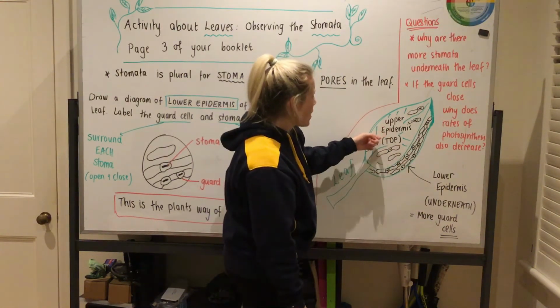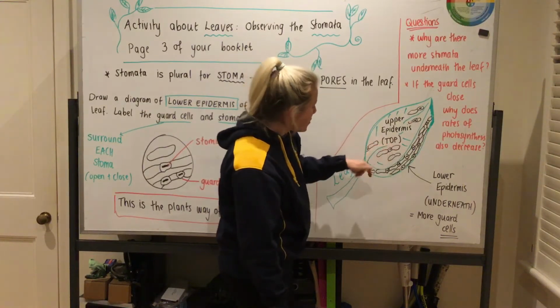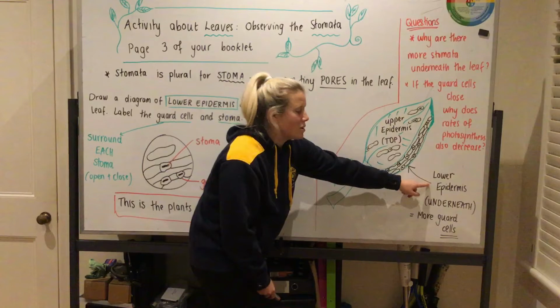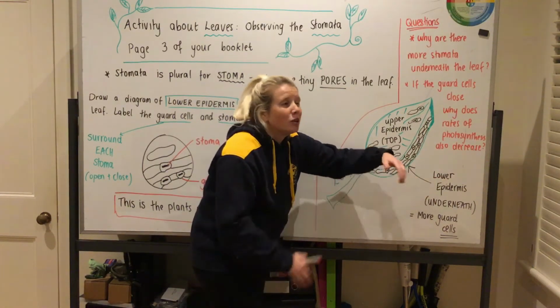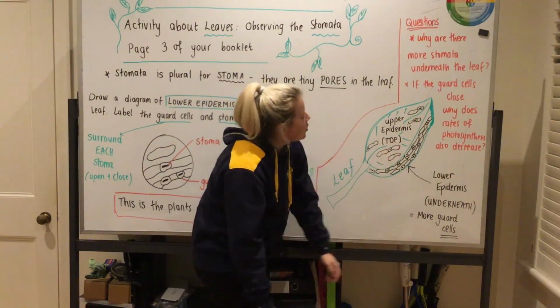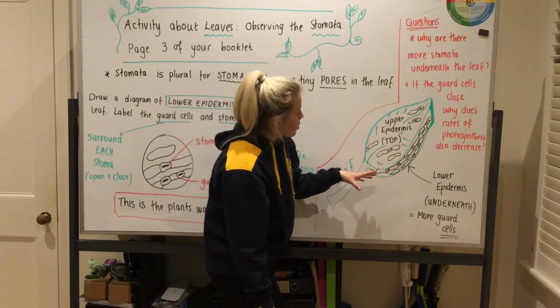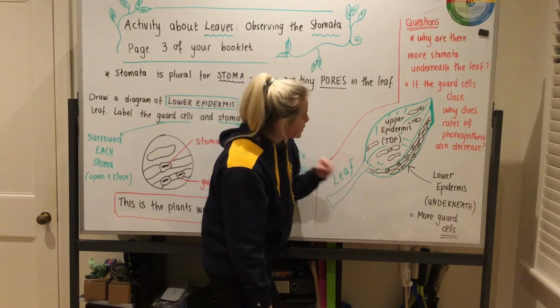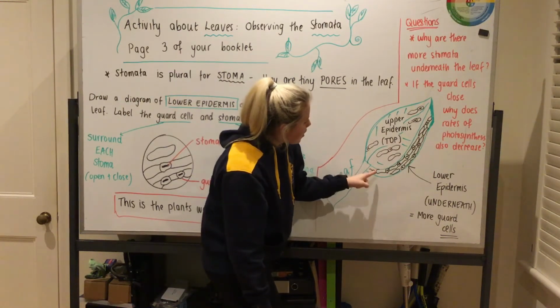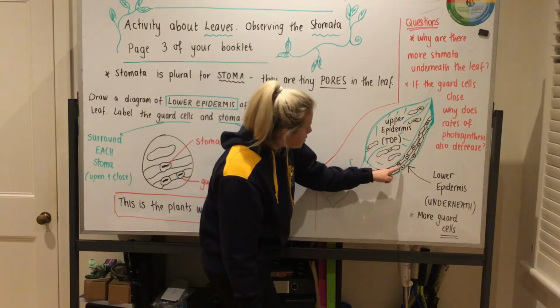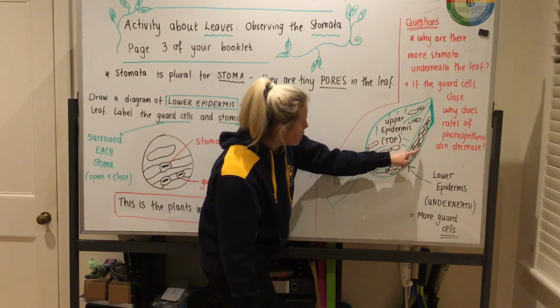So we've got the upper epidermis, which is the top, and then underneath our leaf, we've got the lower epidermis. So that's at the bottom or underneath the leaf. I've drawn in our guard cells. So you can see here, lots of guard cells, the stomata in the middle.